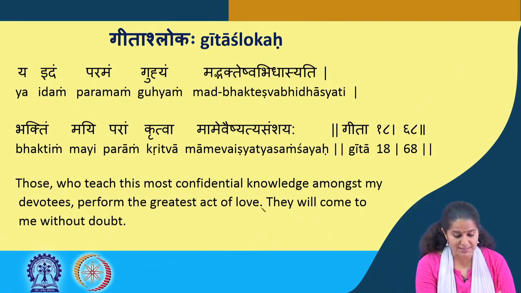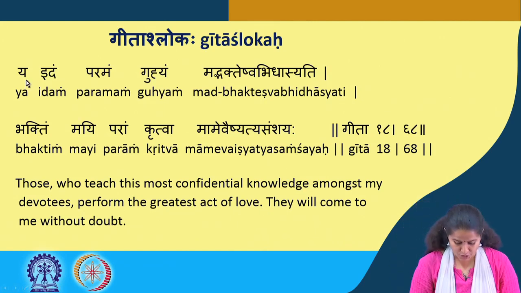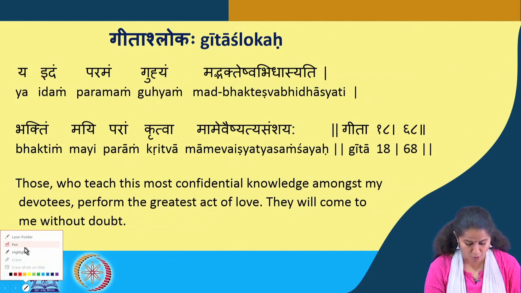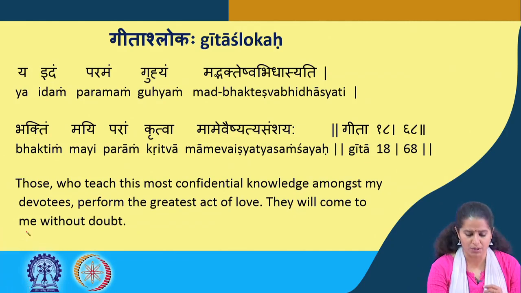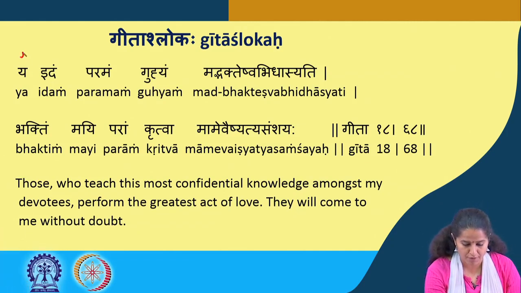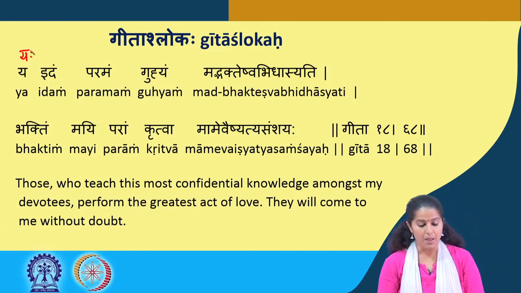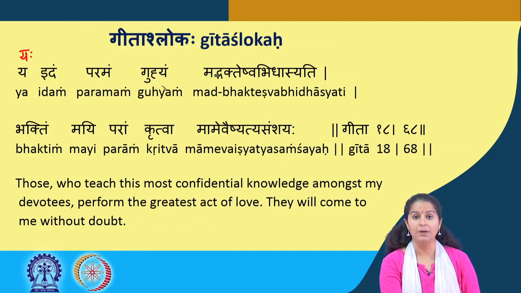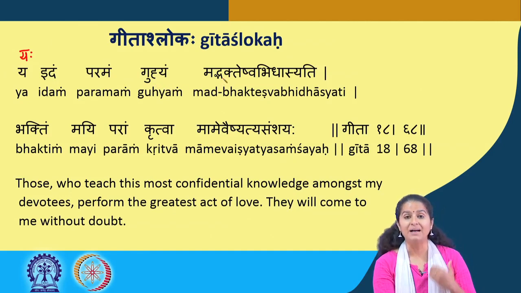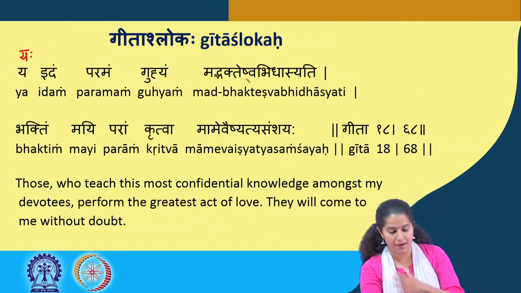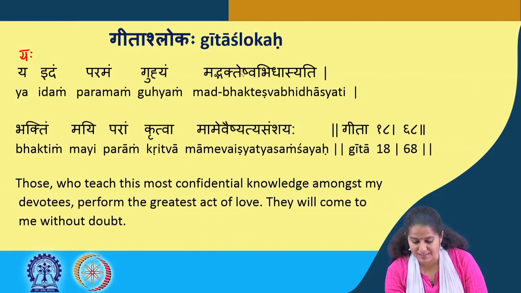And what is it? So he says here, ya is actually, we are already looking at a sandhi form here. So we've looked at this word before and we know that in its original form it has the two dots. It has the visarga along with it. Okay, so we have it as yaha idam paramam guhyam, this highest knowledge, mad bhakteshu abhidhasyati.